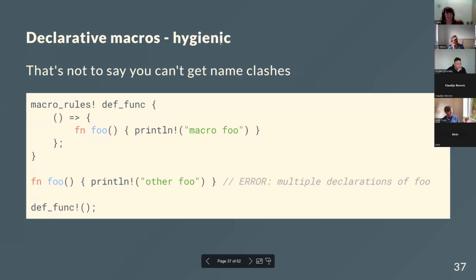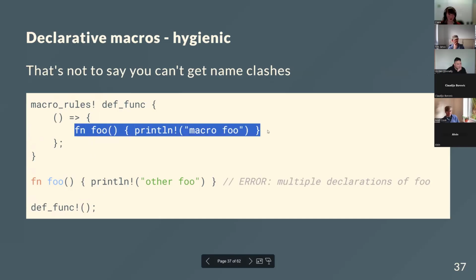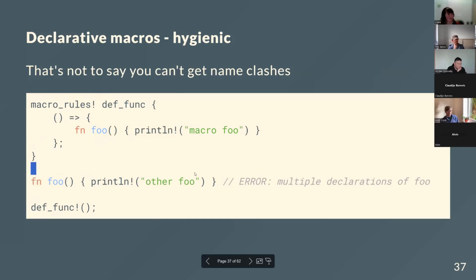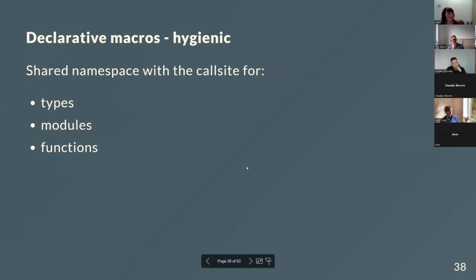And yeah, as mentioned, it's not fully hygienic, so you can still get name clashes. So in this example here, we have written a macro which just takes nothing and creates a function. If you do that, then this function is going to clash with it, and it's not going to compile. You don't end up with any runtime weirdness like you would with shadowing, where you might not notice until later, but you do get a compilation failure.